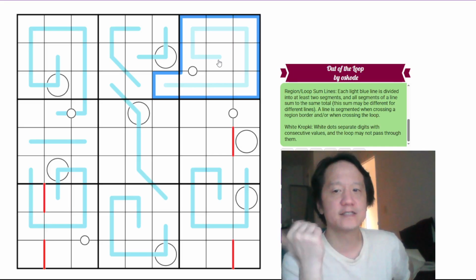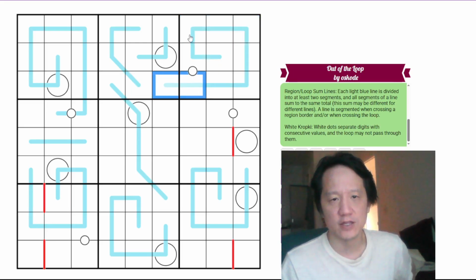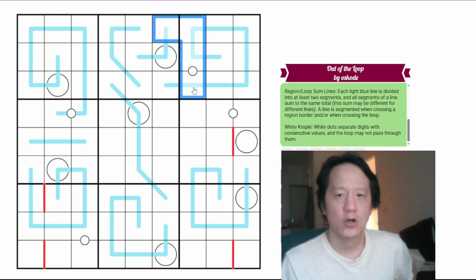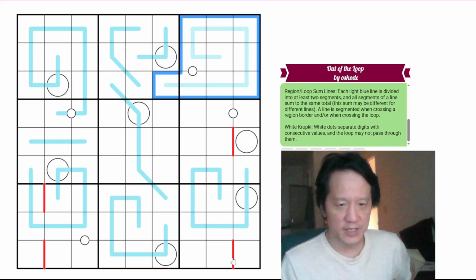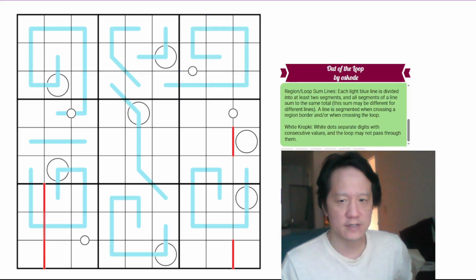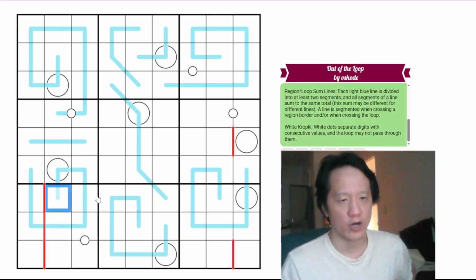A line is segmented when crossing a region border, so basically the 3x3 box borders, and/or when crossing the loop. So say this loop went like that. Then this digit would equal the sum of these 2 digits, which would equal the sum of these 3 digits, which equal the sum of these 2, which would equal the sum of this 1.